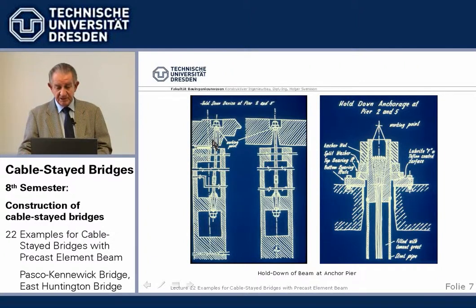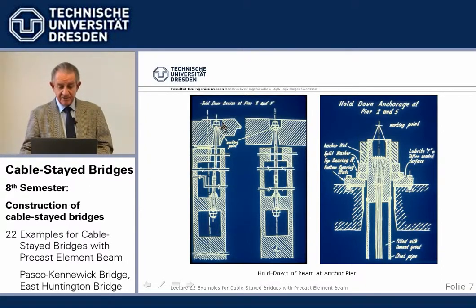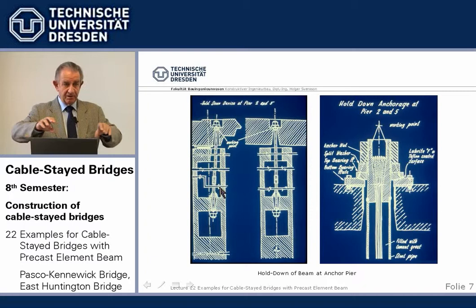And how do we deal with the movements? Now, the movements have two results. The movements on one hand, longitudinally, try to elongate this hold-down, and in order to avoid that, we have used here a sliding joint in the middle where it can elongate.